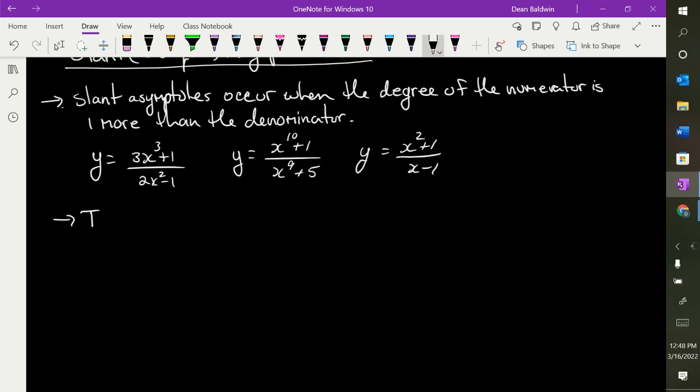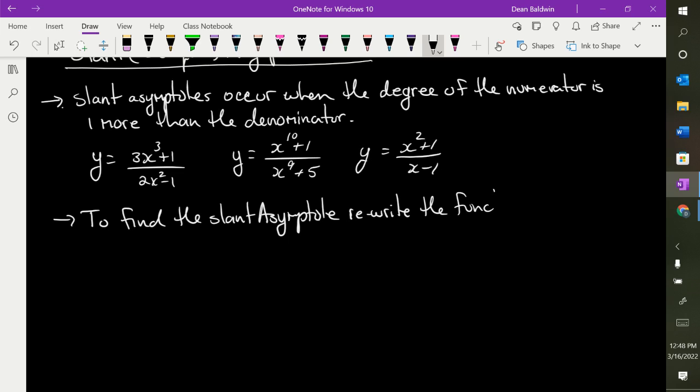So to find the slant asymptote, you have to rewrite the function in the form.